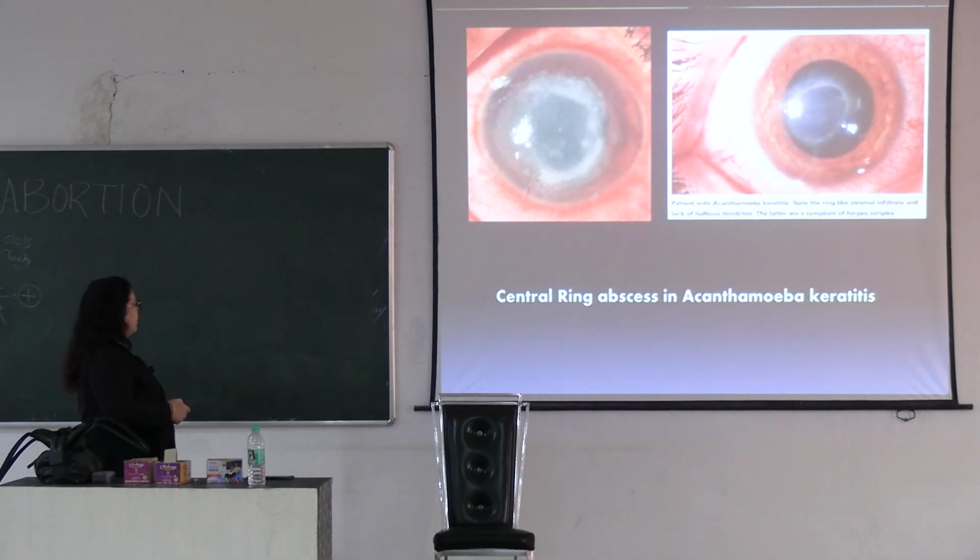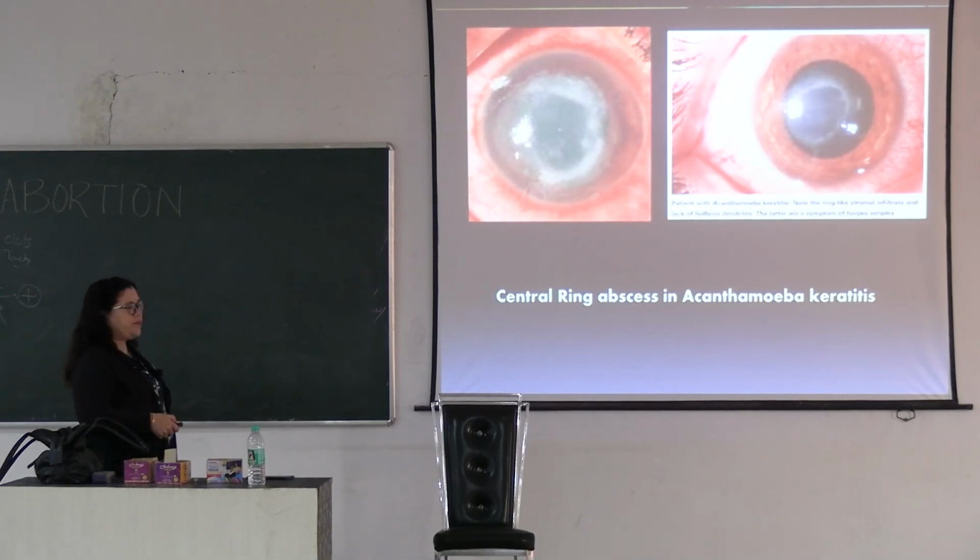This is the central ring. It affects only some parts at first, but after some time they all coalesce and form the ring like structure, and when we stain with fluorescein stain, we see the ring.